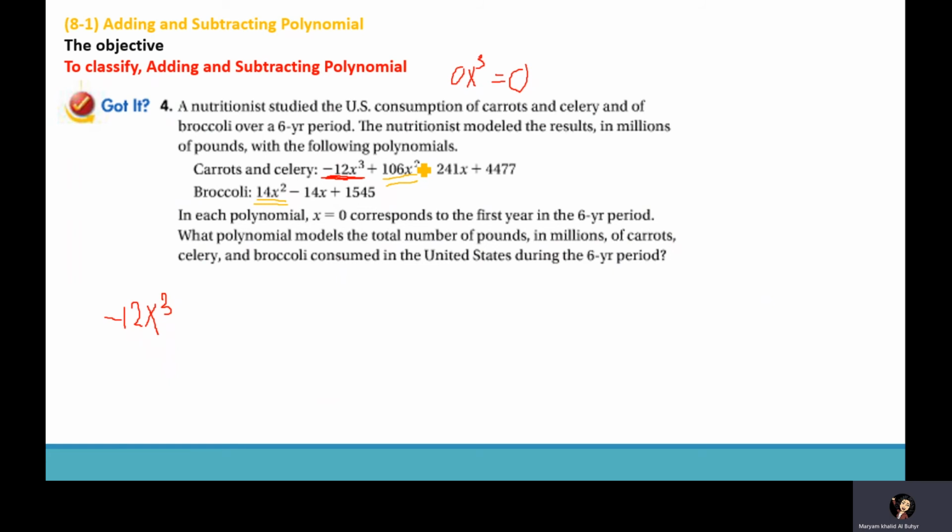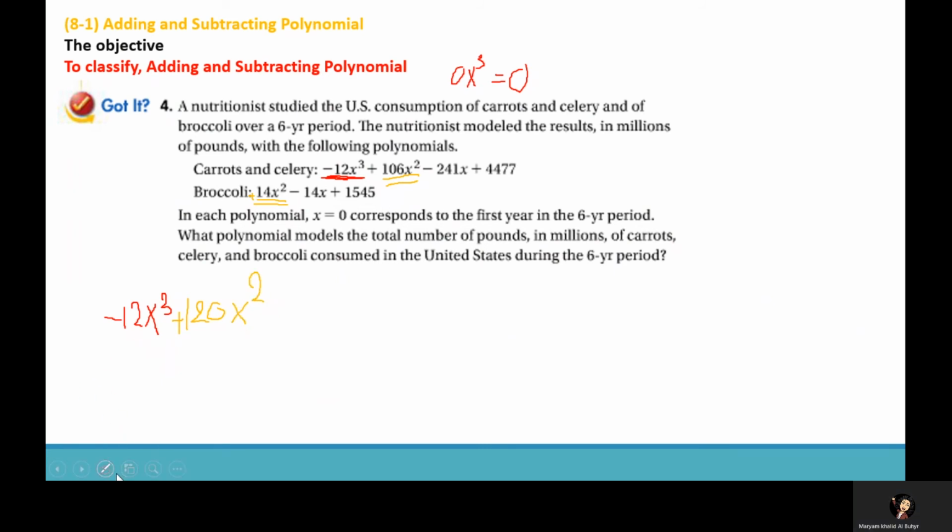So that is 106 plus 14, which equals 120. This is positive, and this is a plus, so I don't have a problem. So that is plus 120x to the power 2.